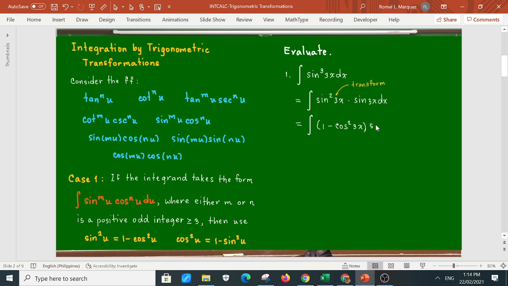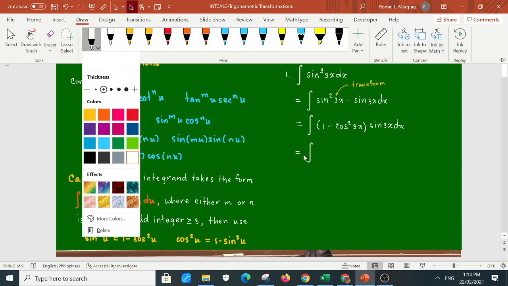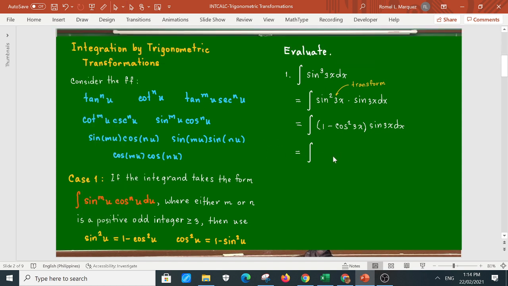And then the next step is to distribute this sine 3x dx inside to come up with two integrals. Okay? So the first integral, we have sine 3x dx, which can be handled by integration by trigonometric formula.